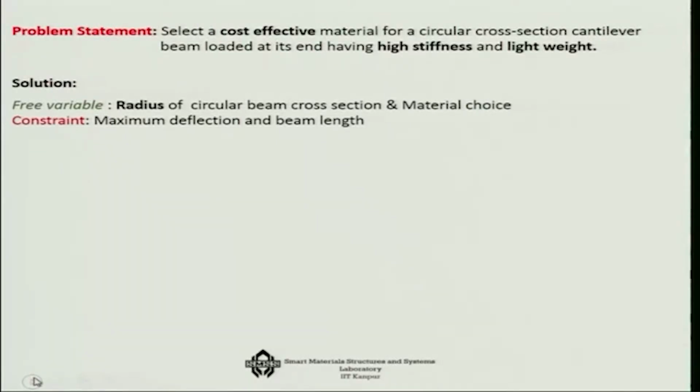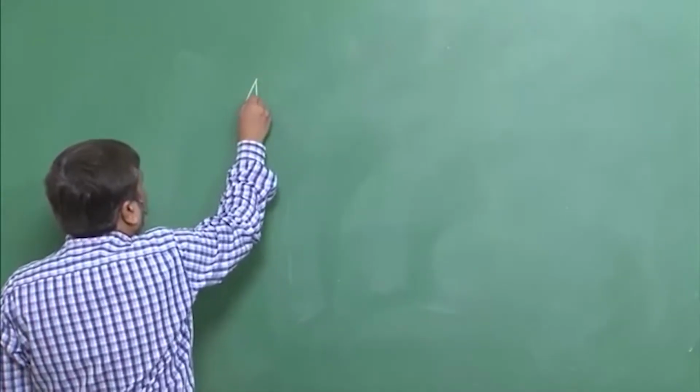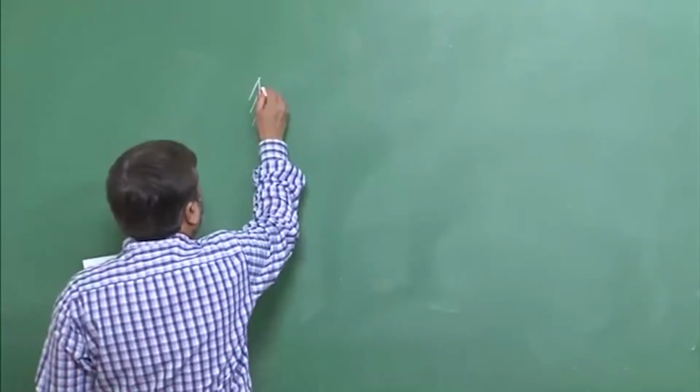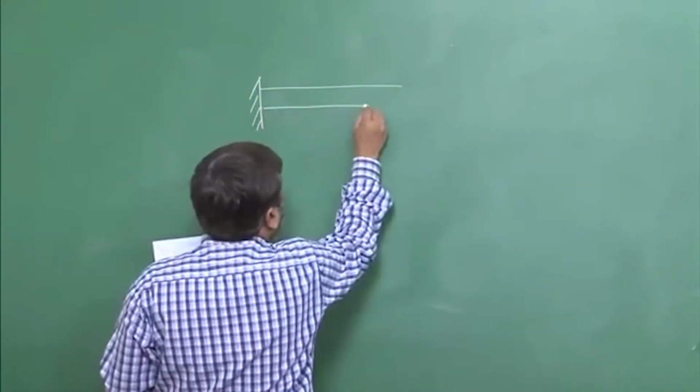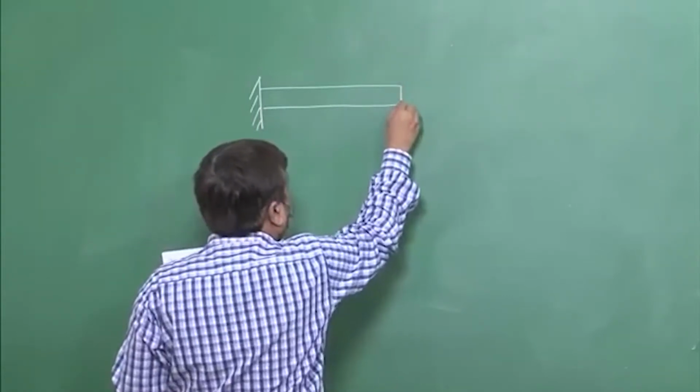So, let us look into how we can solve such a problem and then how we can use our knowledge of materials after solving it. To begin with, what is important for us is a circular cantilever beam.